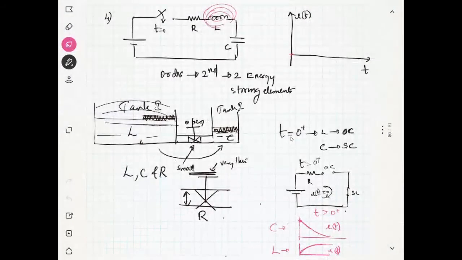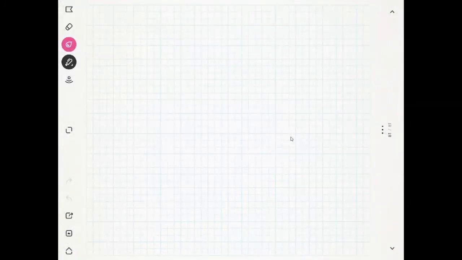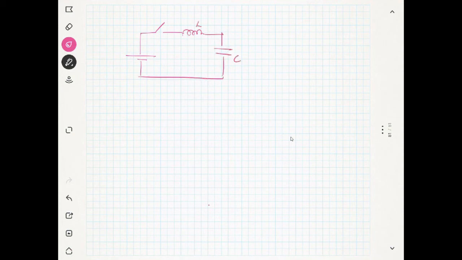I will explain this. First of all, I will give you a good idea without the resistance. Then you will understand. Let us assume that you have a circuit like this, and you have a capacitor and an inductor.